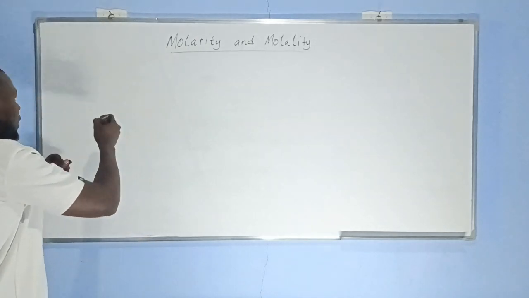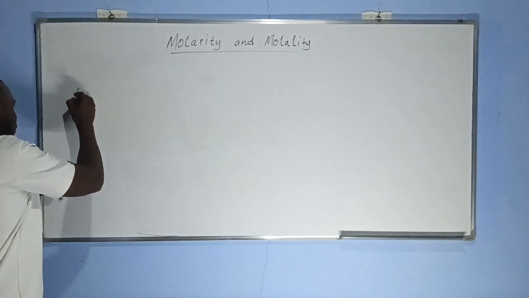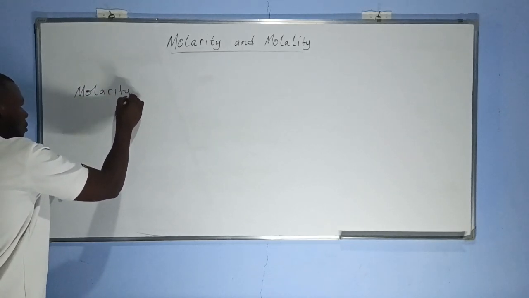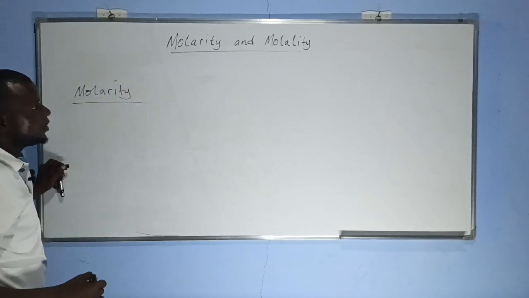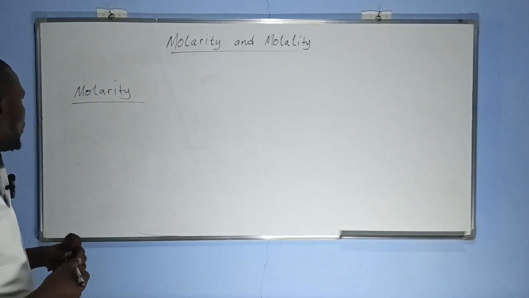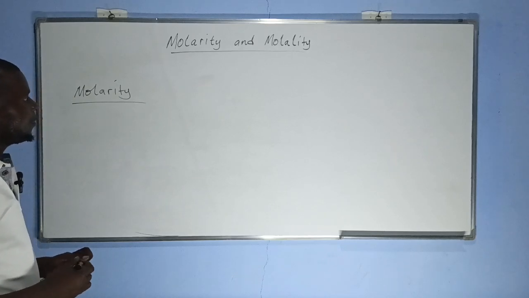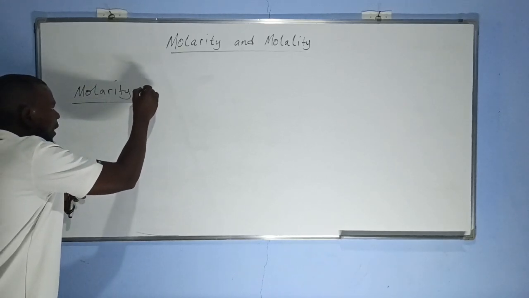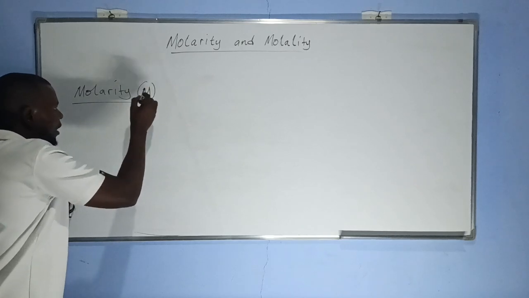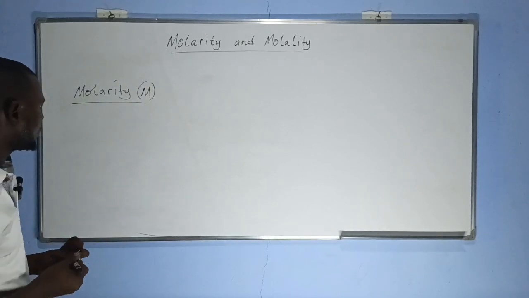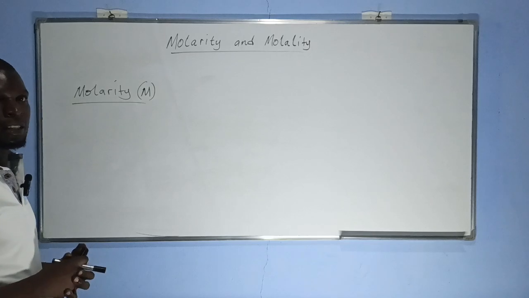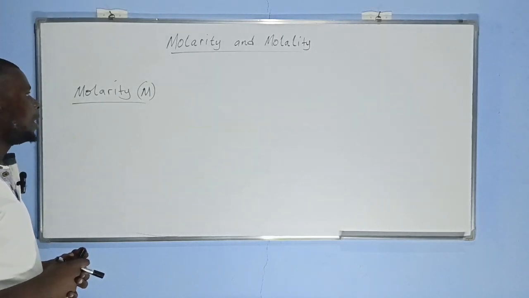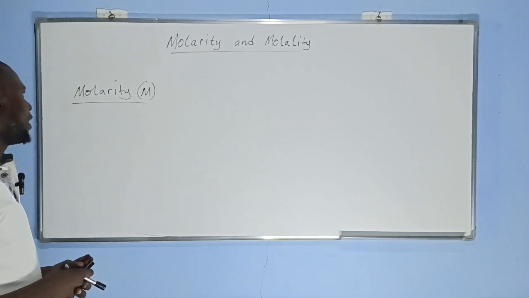Now let's start with molarity. Molarity is a form of concentration that is represented by the capital letter M. So when you see capital letter M in terms of solutions, just note we're talking about concentration, and this concentration is molarity.